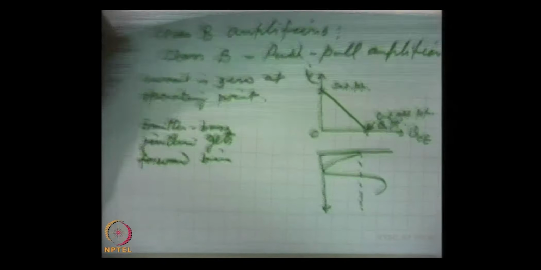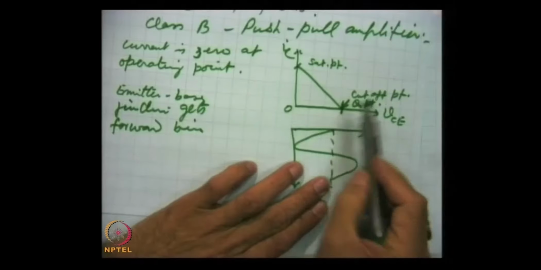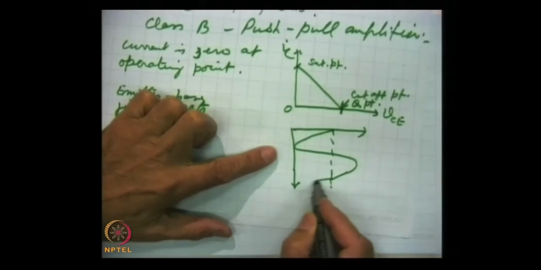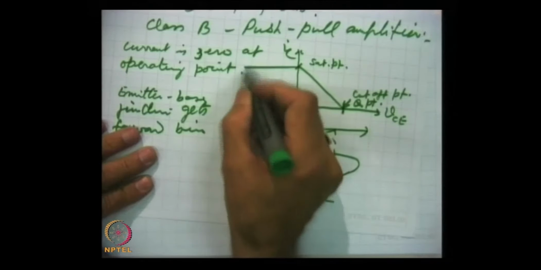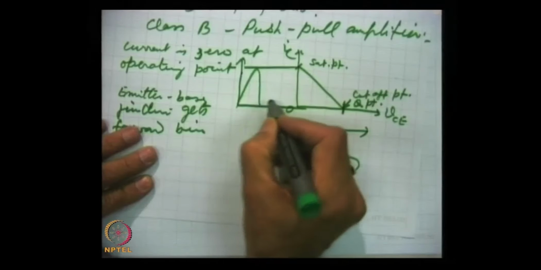So, let us see this way actually. This is the circuit. This part will go towards the cutoff, it will not appear. Only these portions will appear in the current. This is the current and it will appear like this.